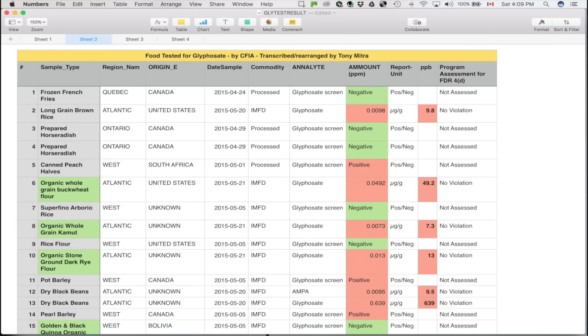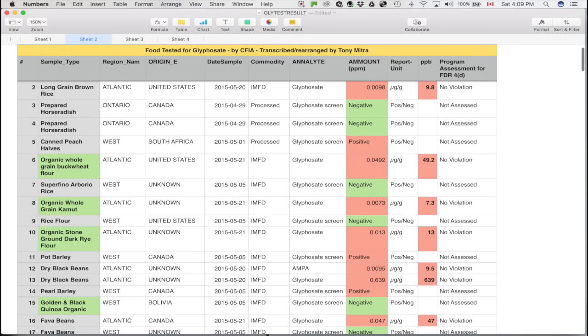Or when long grain brown rice, item number 2, was found to have 9.8 parts per billion glyphosate, it was not a violation. I will follow up with more questions under the Freedom of Access to Information Act, asking them to give me the limits of what those violating the ranges are where it is not under violation.